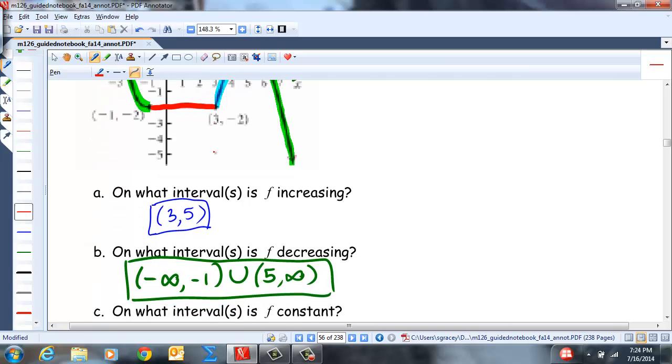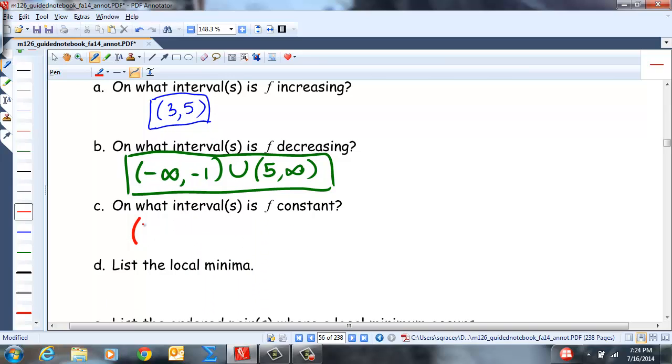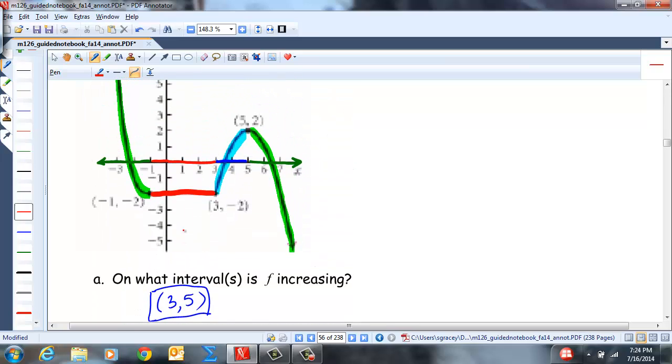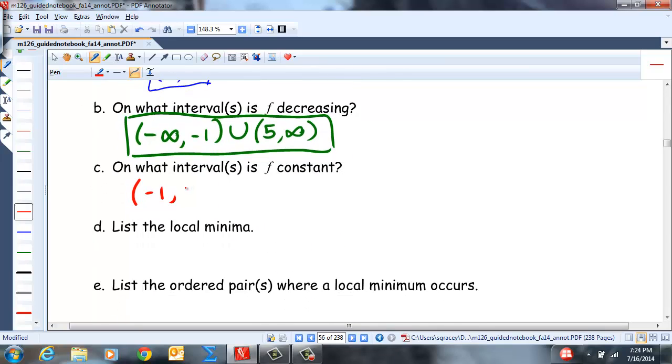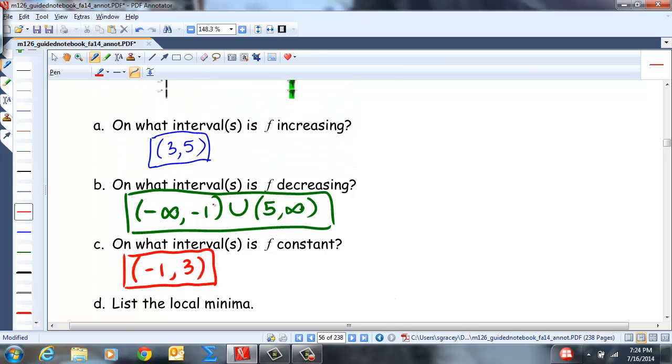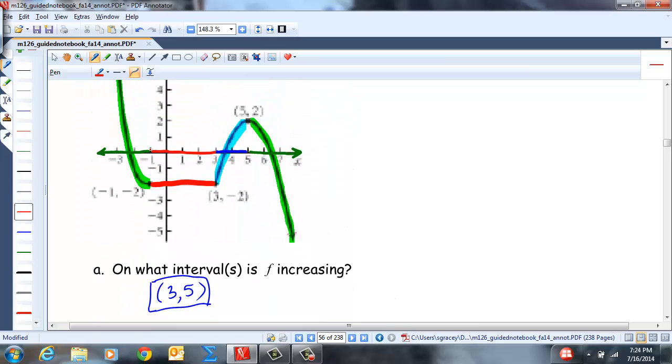So the answer for that one is going to be from minus 1 to 3, where it changes. And if you wanted to, you can do the endings for these because we're not including right where the behavior changes. So this is the interval for the constant.